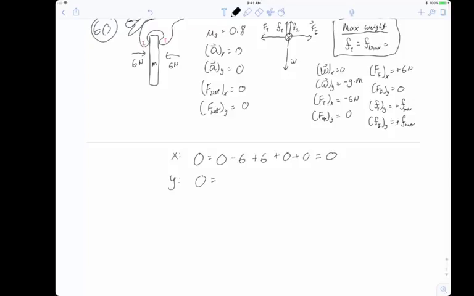So this is going to be minus 9.81 times the mass, plus F max I, plus F max T, plus 0 plus 0.